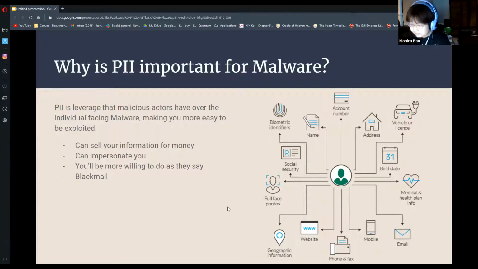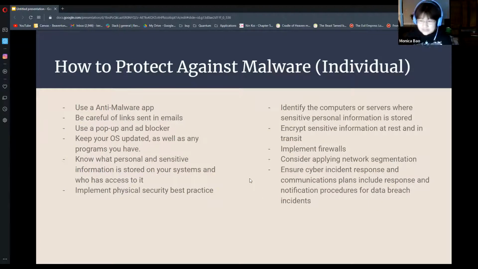Even stuff that doesn't seem impactful, like your birthday, you'd still rather not have online, because it's just another factor to find out who you are or what your true identity is. So here is how to protect against malware, on an individual note.